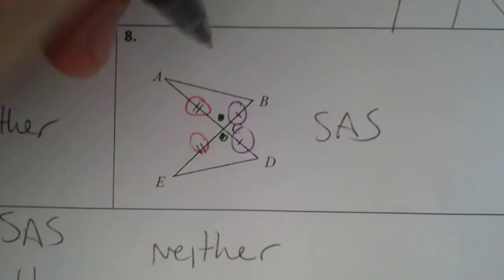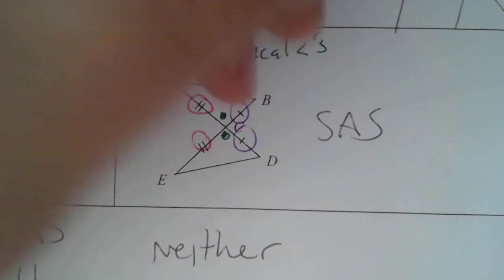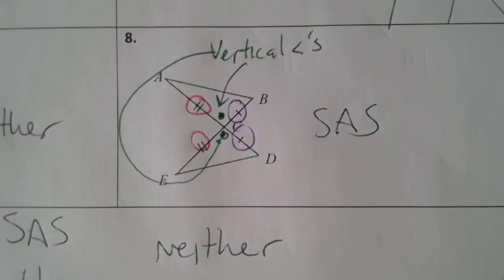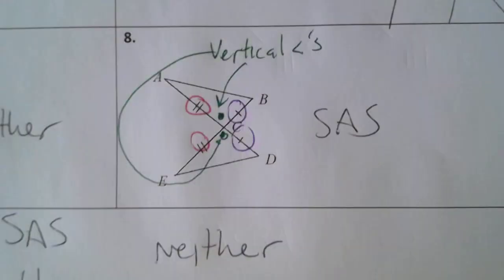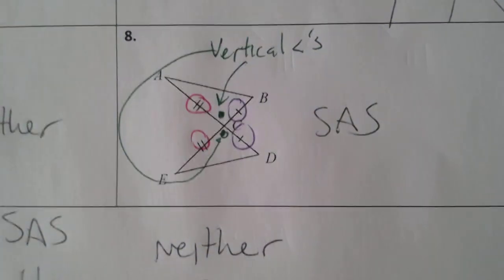They are vertical angles. And if you recall from the very beginning of the year, vertical angles are congruent to each other, right? So that's what I mean. We need to kind of circle back and be mindful that there's a lot of things that could come back here for this topic. All right.